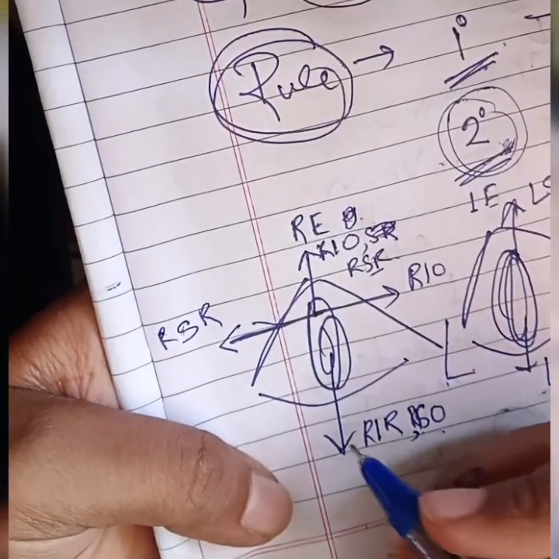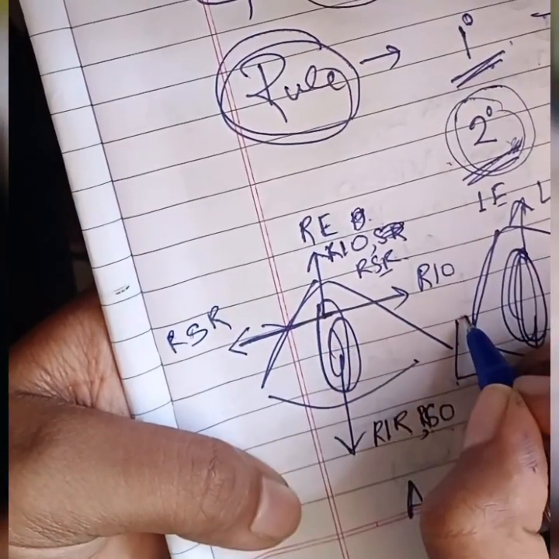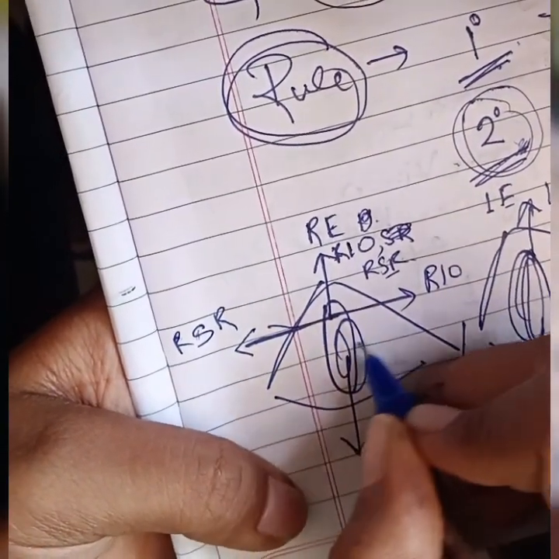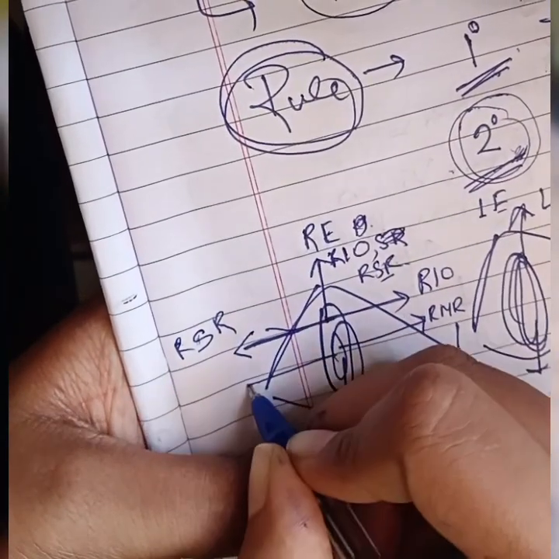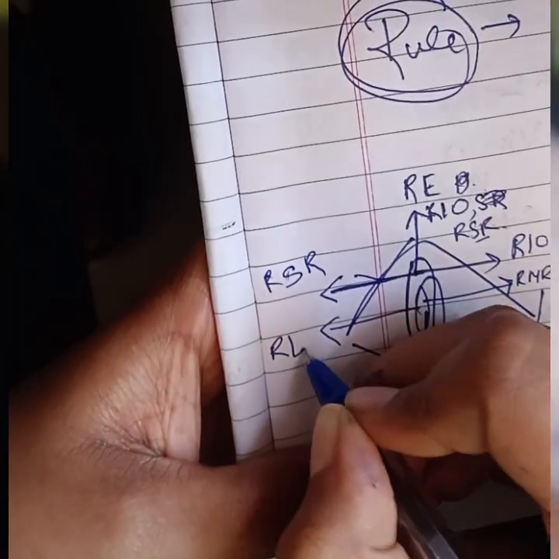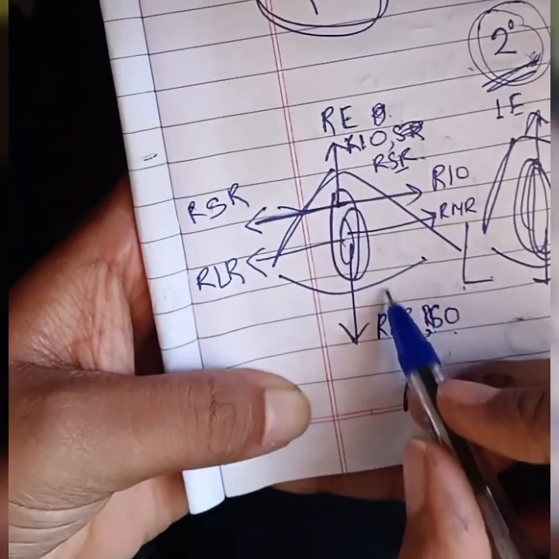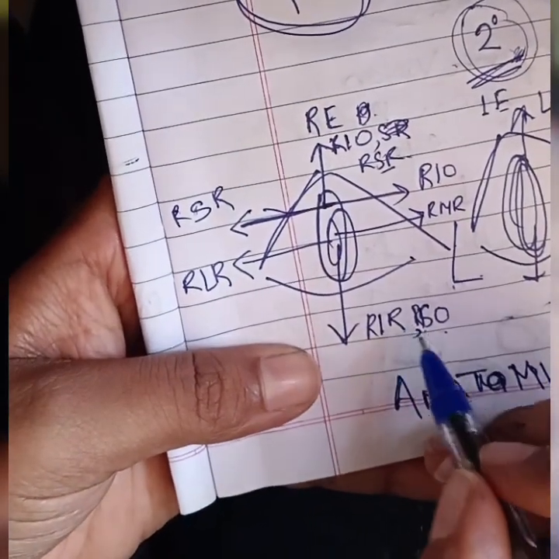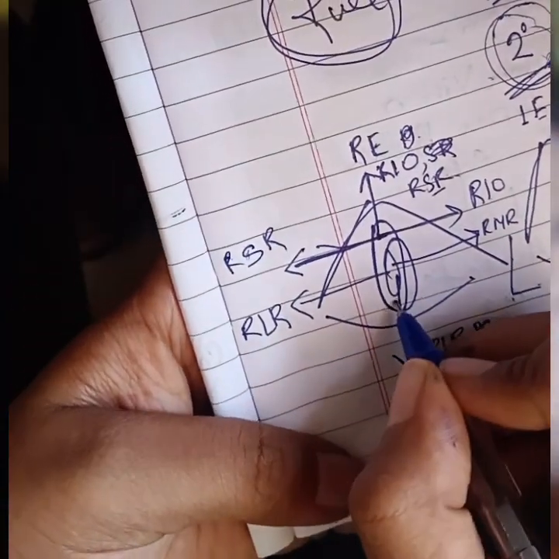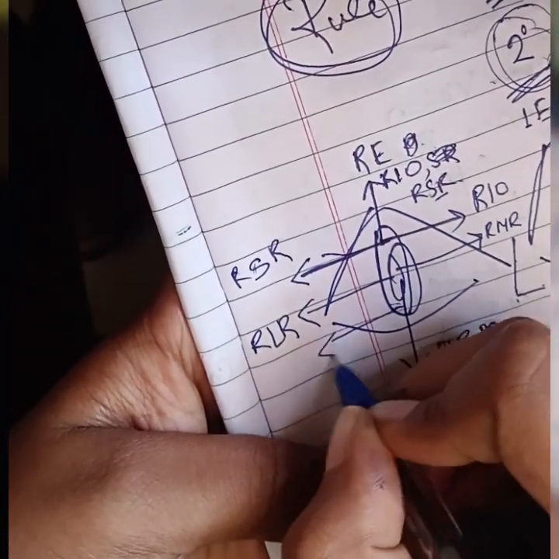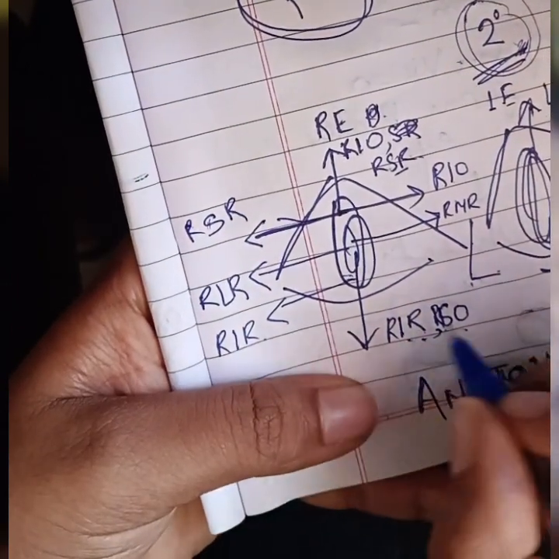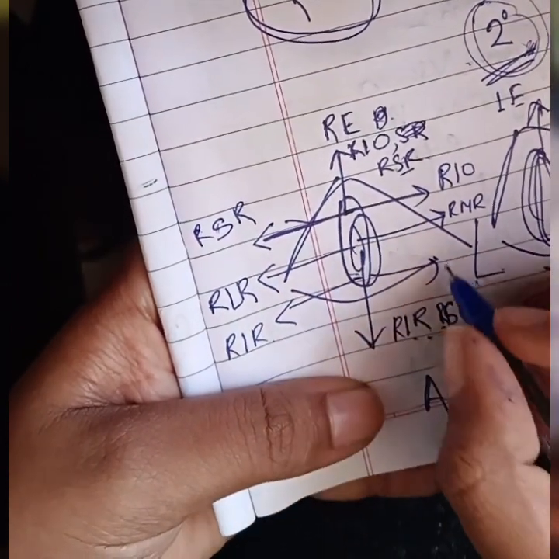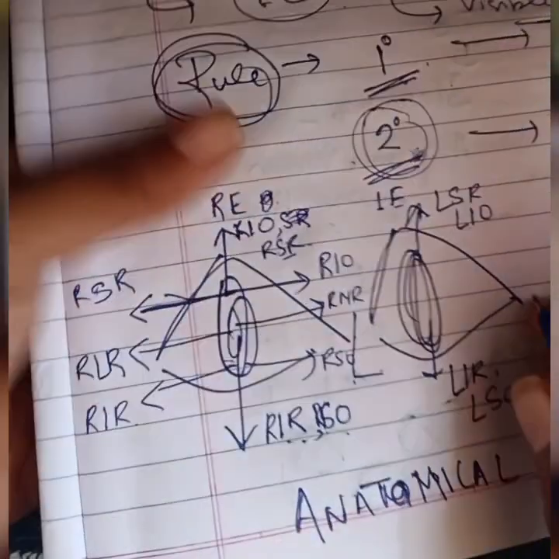So here right inferior oblique. Other than that, what else does adduction and abduction? Adduction is done by your right medial rectus and abduction is done by your right lateral rectus. Then what else? Your right inferior rectus also does abduction. So over here your right inferior rectus would also come, and your right superior oblique also does adduction. So here right superior oblique will also come.